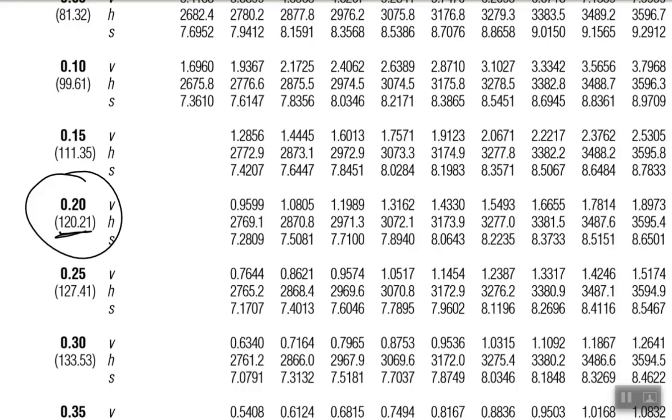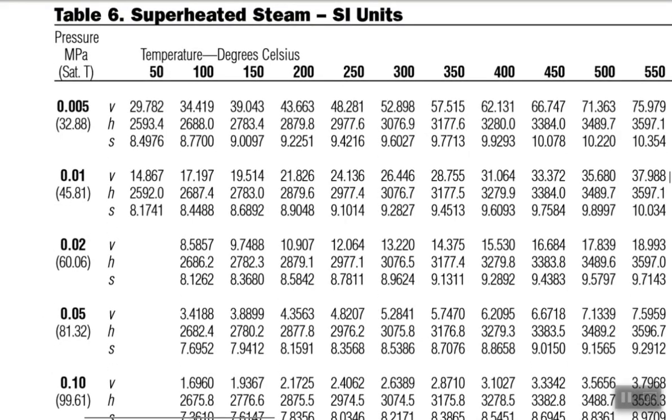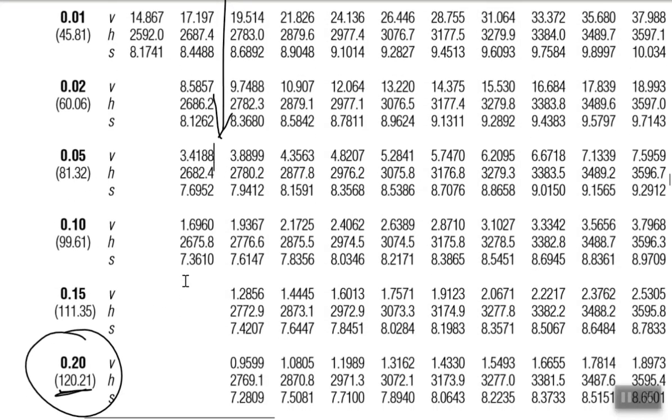Now we have to look at the temperature of 140.21, the elevated temperature. There is no column of 140.21, so in other words, you have to interpolate for that volume.